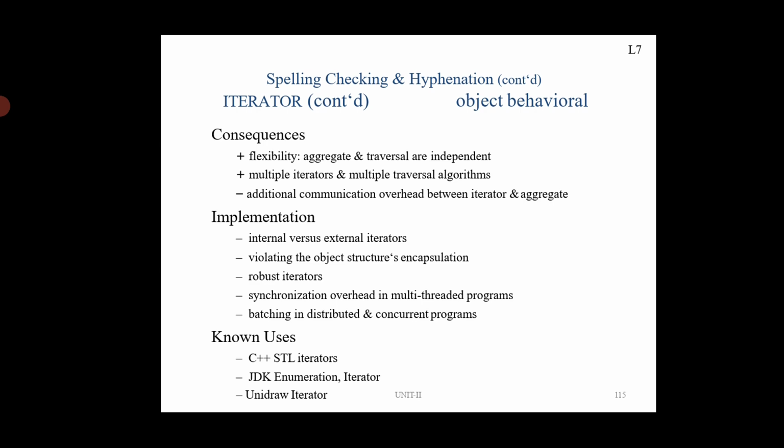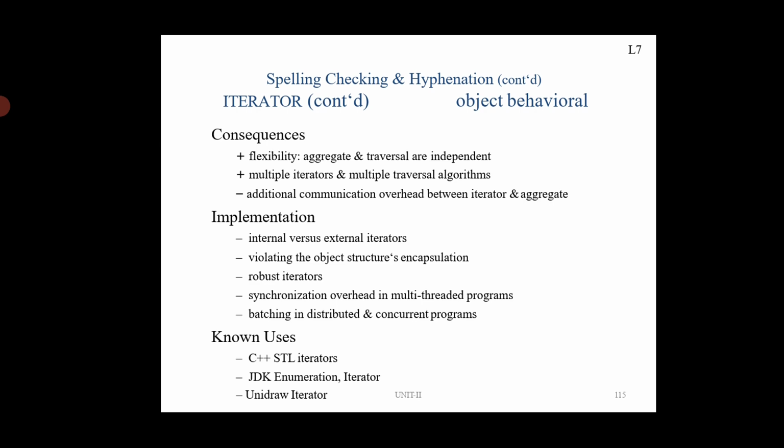Here, for the flexibility, we are taking aggregate and traversal algorithms as independent, and we are taking multiple iterators, more than one iterator and more than one traversal algorithm. It describes the result of this application. Why we are taking some additional communication between iterator and aggregate operators.